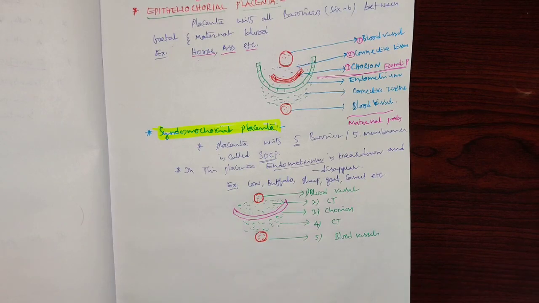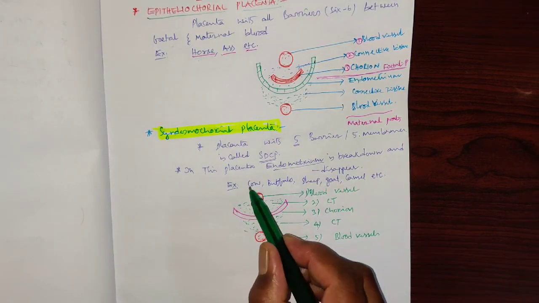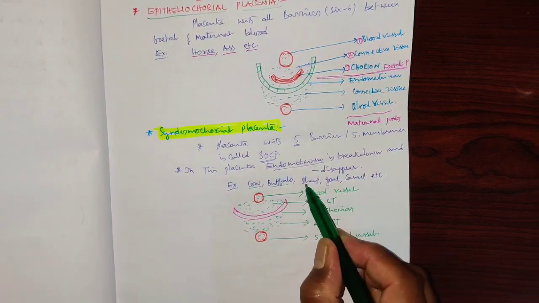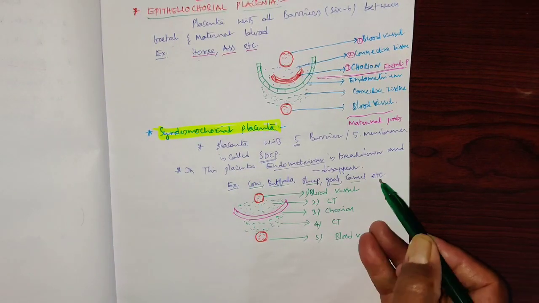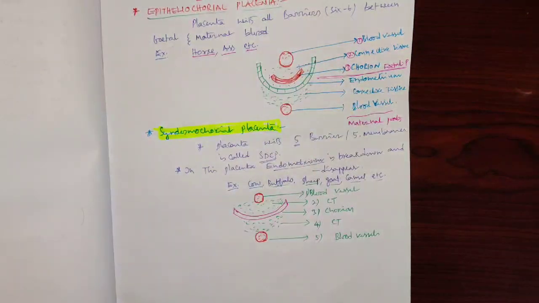There are 5 membranes, 5 barriers. So this type of placenta is called syndesmochorial. It has been found in cow, buffalo, sheep, goat, camel, etc. I hope you all understand this.